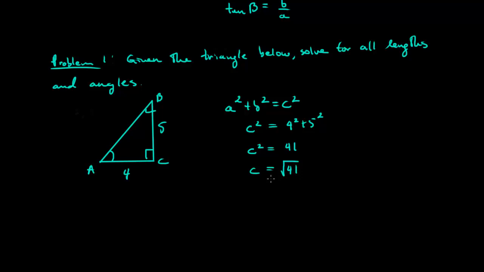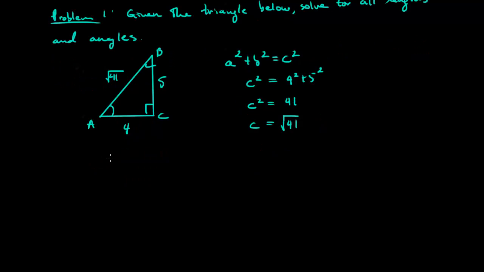So now that I know this, I can calculate what all of the trigonometric ratios are in this triangle. We have that this side length is root 41. And if we want to figure out what angle A is, let's use the tangent ratio.